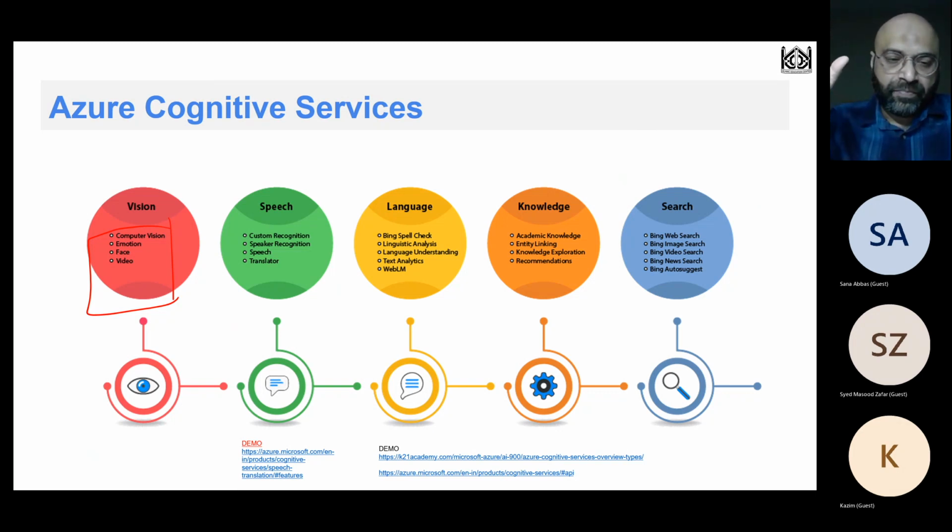Then the face vision, and the video service, the static and the dynamic picture formats as well. On the speech side, you see the custom recognition or speaker recognition and speaker and translation services. Same goes with language, and then knowledge, and then search.